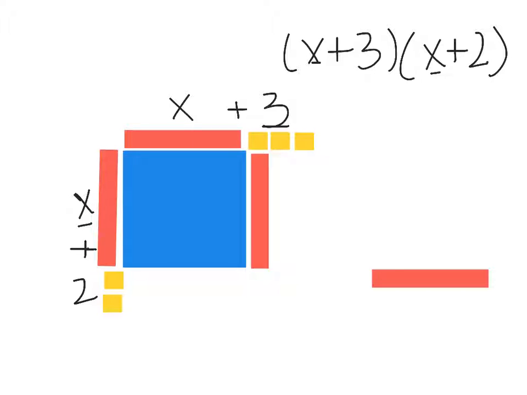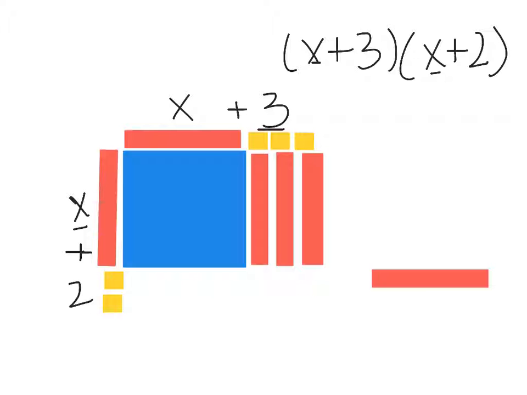So there's 1x, 2x, and 3x. And then we would do 2 times x, which again is just 2 x's.